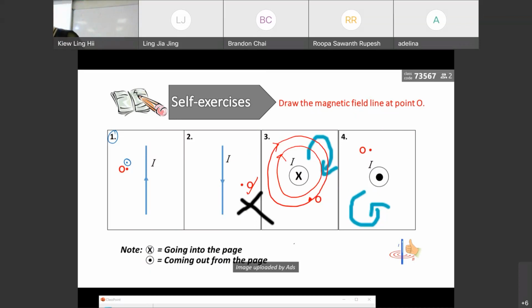So you have to draw the tangent. This is your R, and your tangent must be perpendicular to R. Since at this point it is going downwards, this will be the direction of the magnetic field, B.